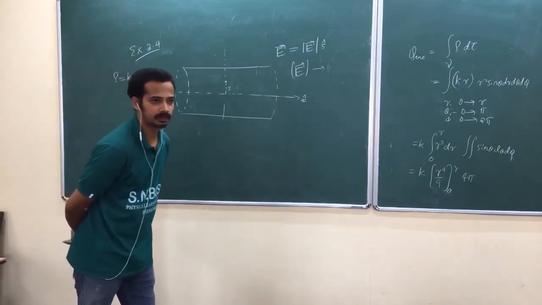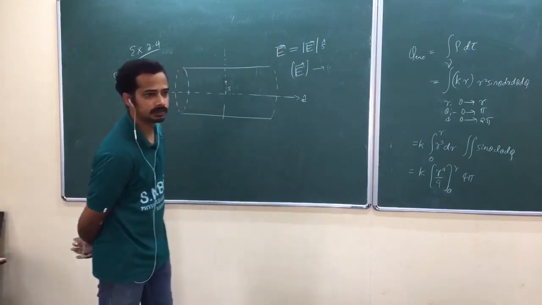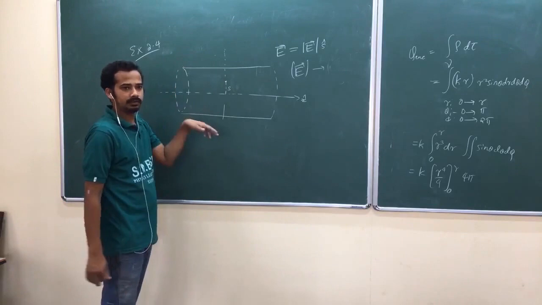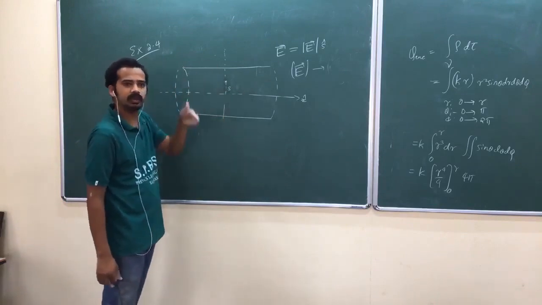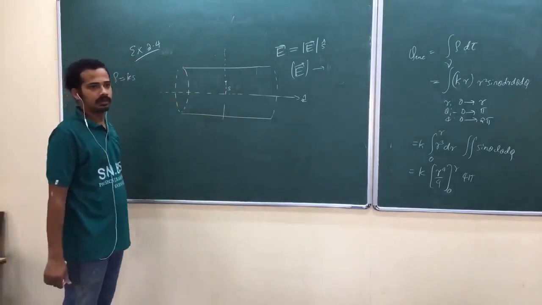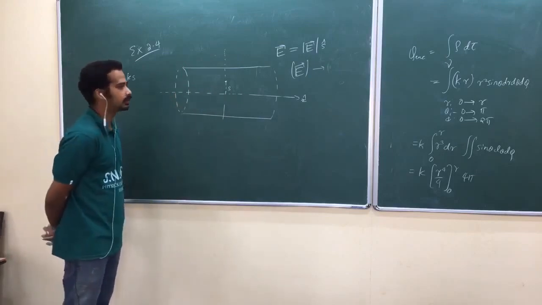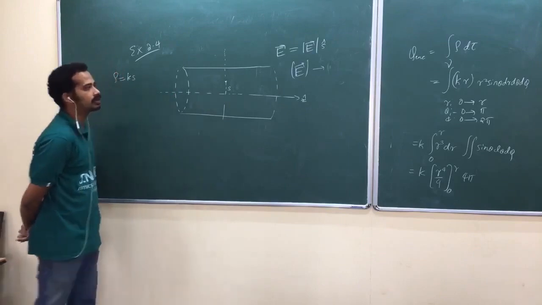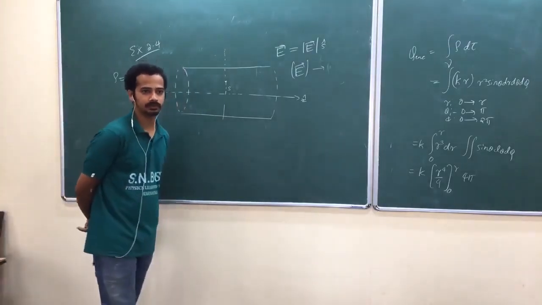You may say it will not depend on phi, because when you move on a circle keeping s and z constant, you will not feel any difference. If you move along a circle centered at this axis, you will not feel any difference. There is no reason why it should depend on phi. Again, why will it not depend on z? That's my question.